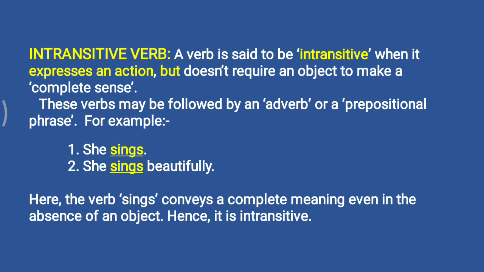In this sentence, sings conveys a complete meaning even in the absence of an object, so it is intransitive. She sings beautifully. In this sentence, you can see that sings is followed by an adverb. Hence, it is intransitive.